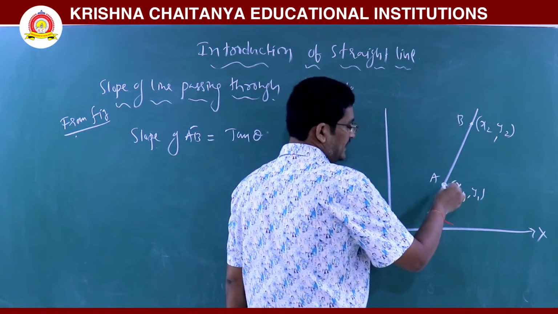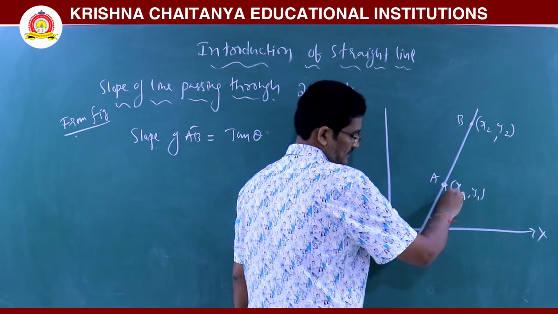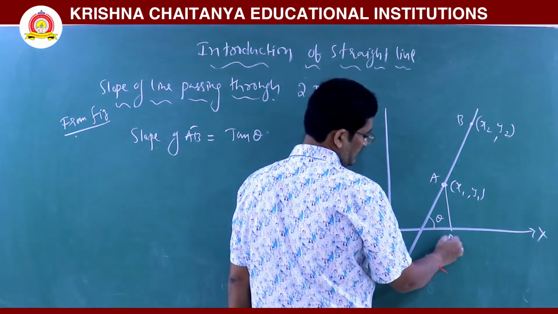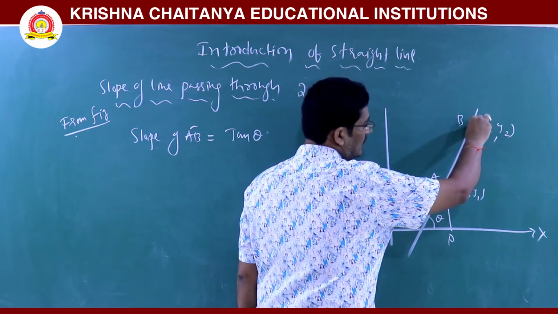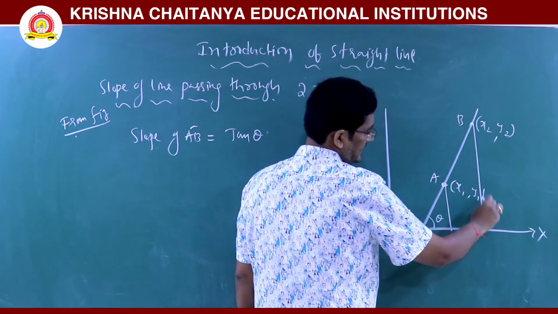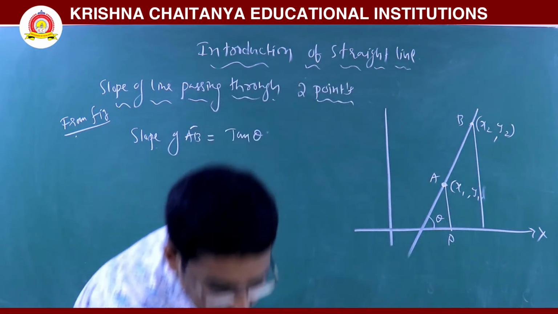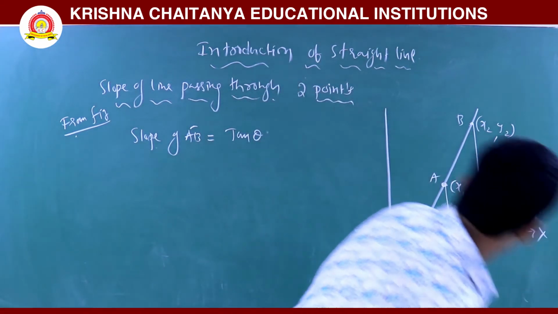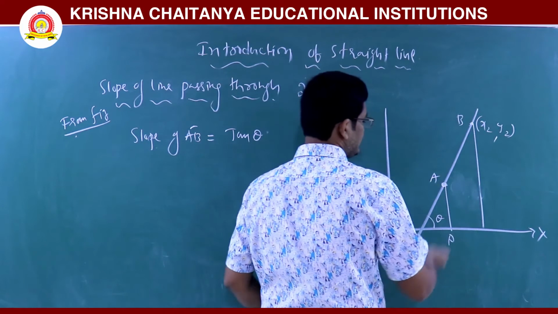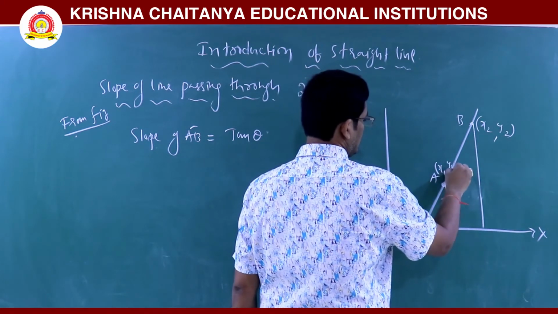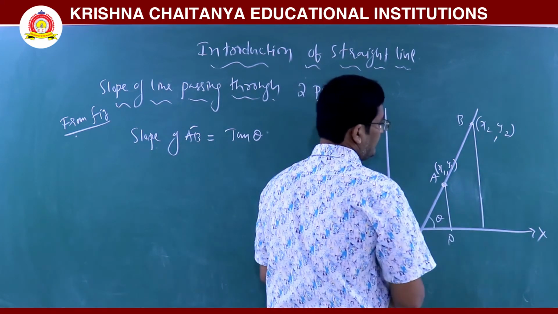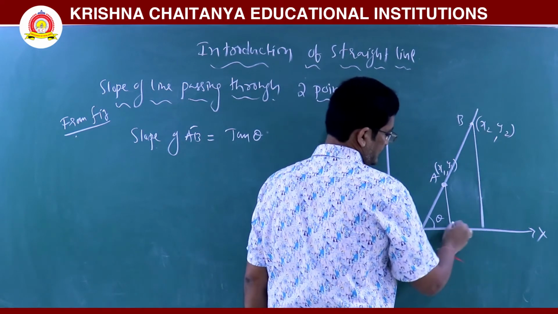Next, we have to drop a perpendicular line from A to the x-axis. That one meets the x-axis at P. We draw one more perpendicular line from B to the same x-axis.